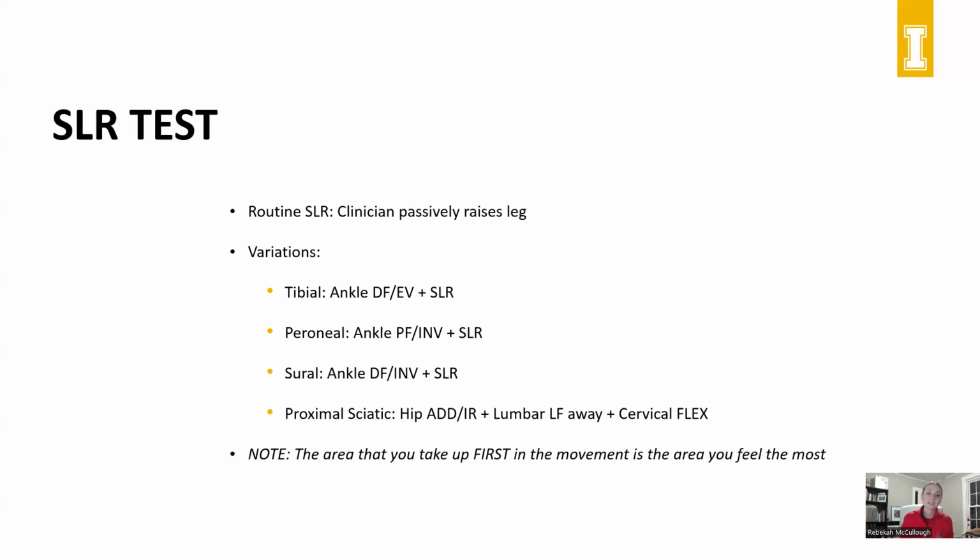So again, these are just different movements. If you understand the nerve and where it innervates, you can test it different ways, load it different ways. So back to the patient that I mentioned earlier, this was one of the things that I was able to do to help narrow down that it was the sural nerve that was impacted, because when he had that ankle dorsiflexion and inversion, that's when it was reproducing or creating some tension, having symptoms.